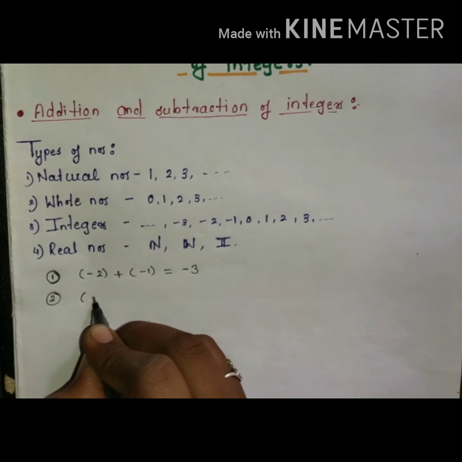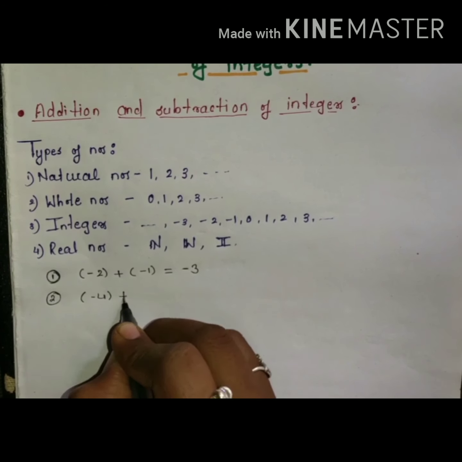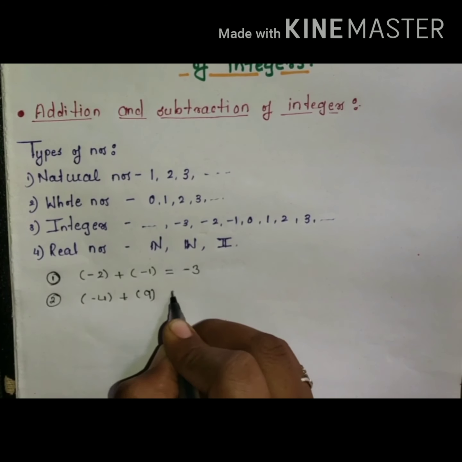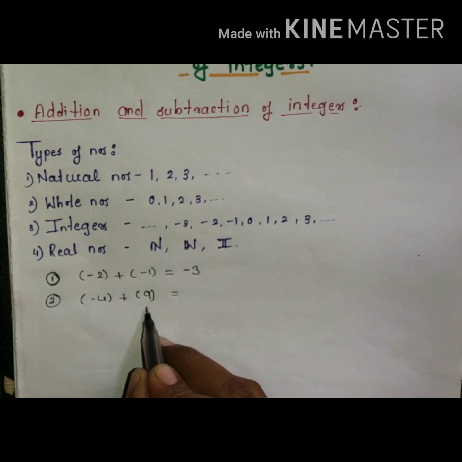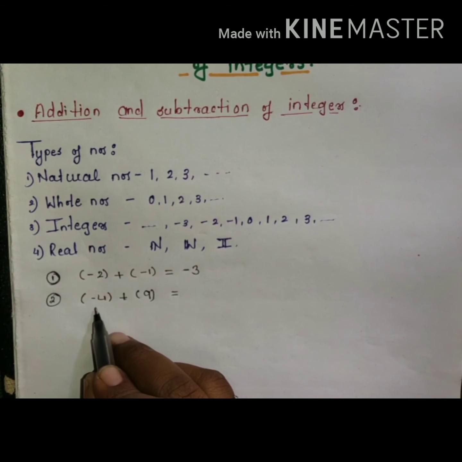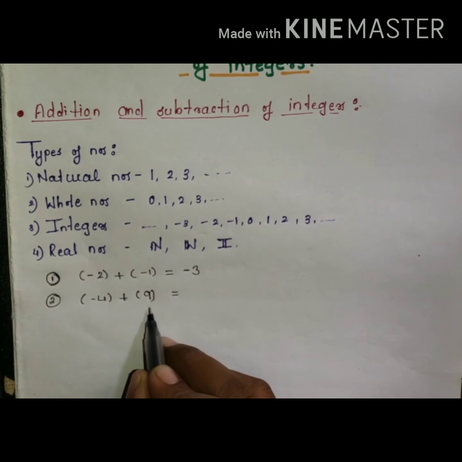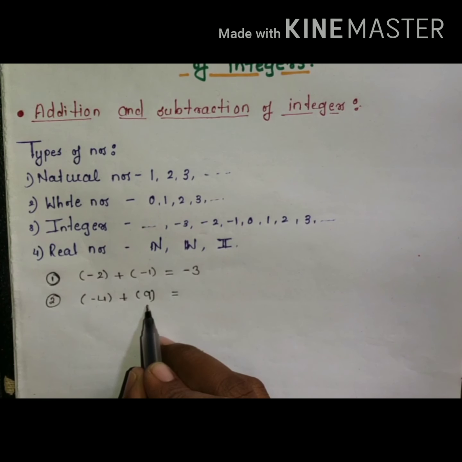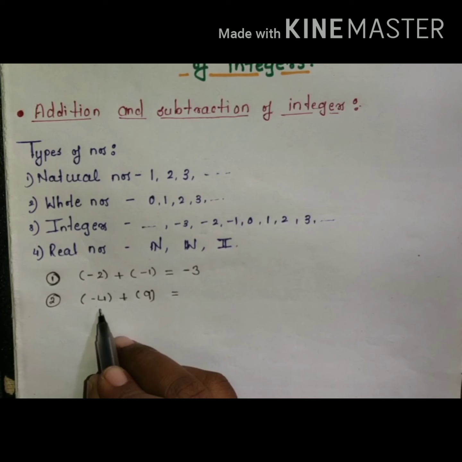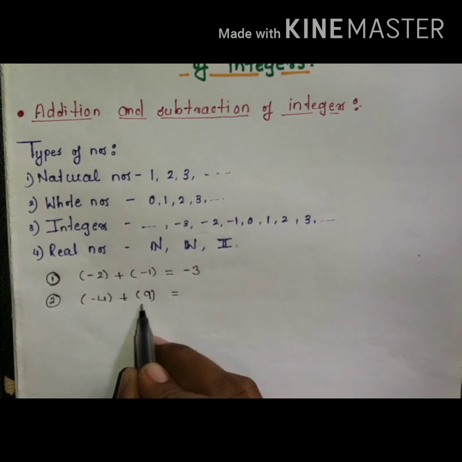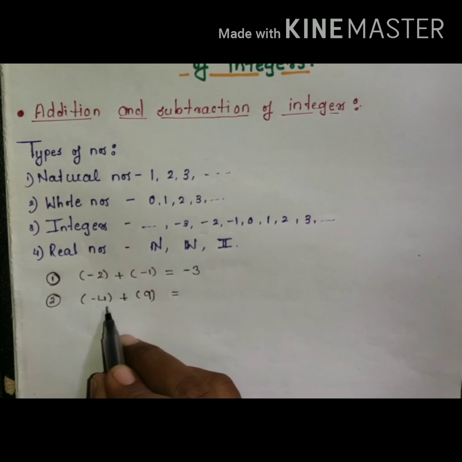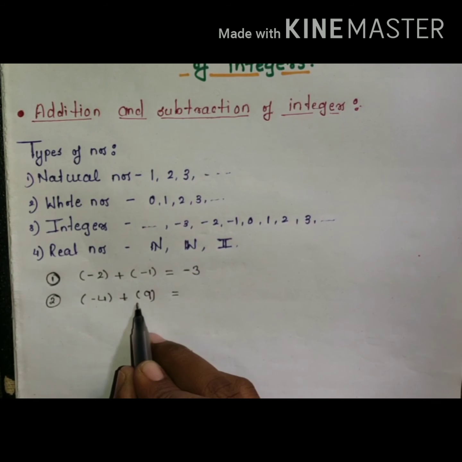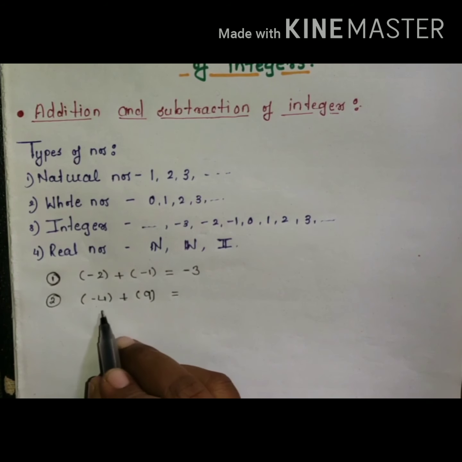Second example, minus 4 plus 9. These are two different numbers: the first one is negative and the second one is positive. Now while adding these two integers, how to add? Since both the numbers have different signs, we have to do the subtraction.